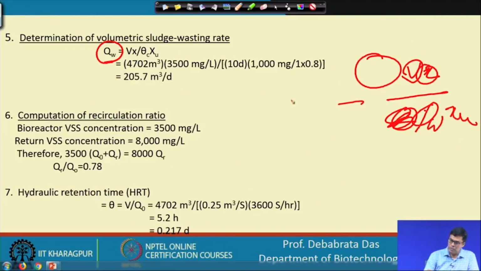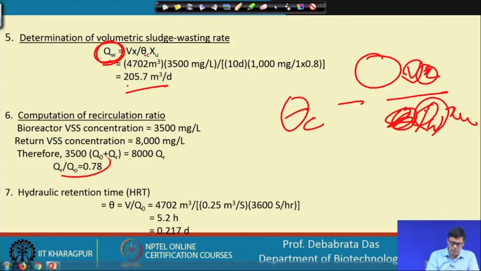So, this will be equal to theta c. Theta c is the solid retention time. Then you want to find out the QW, so QW is equal to the theta c will come here, and this is coming to 205.7 cubic meter per day.